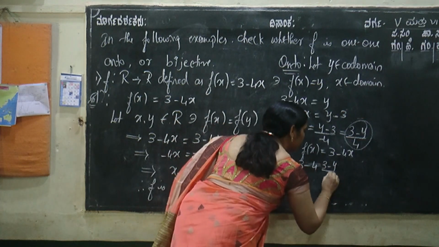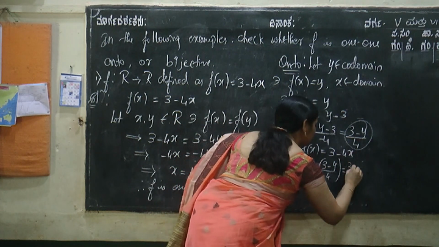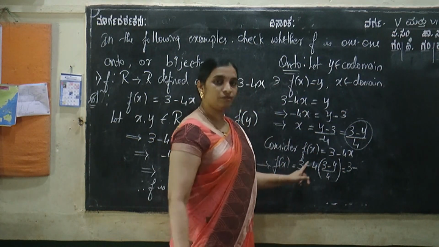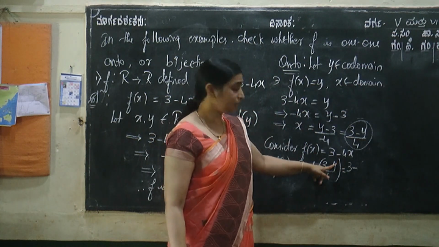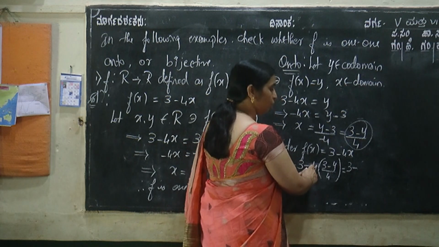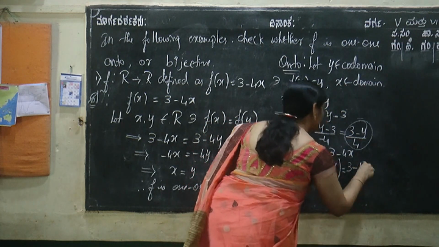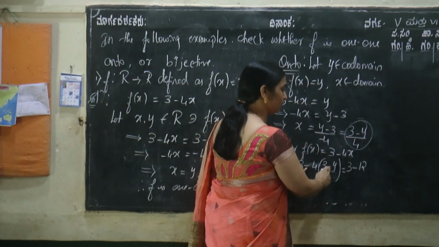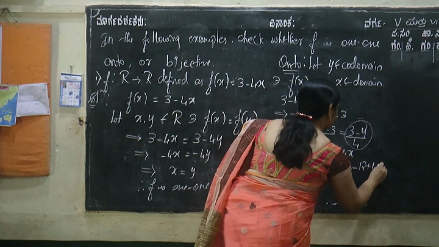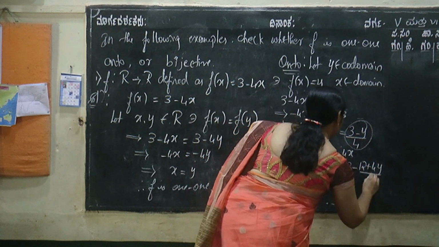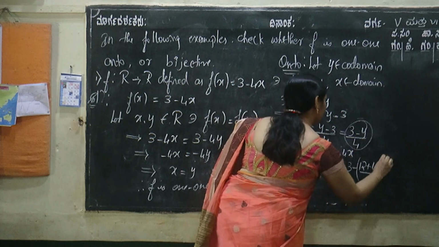So it is 3 minus 4 into 3 is 12, minus of minus becomes plus, divided by 4.